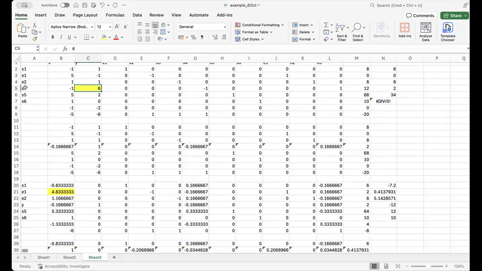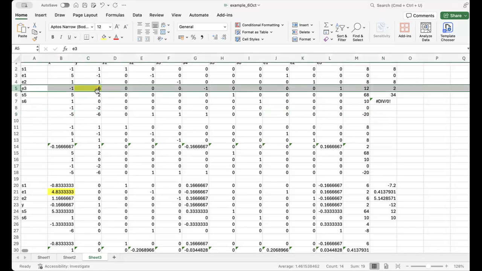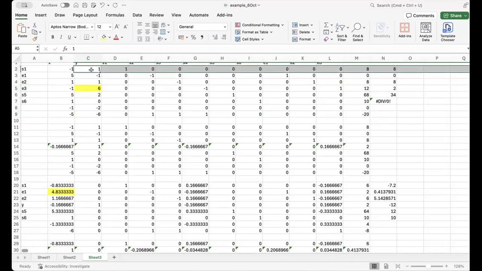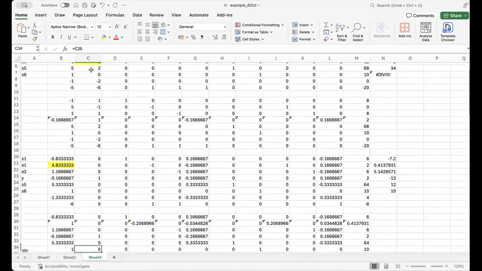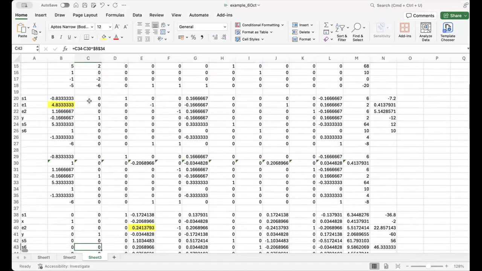Divide this row by 6, and change the other coefficients in the same column so they must be 0. This must be 1, right? Then we obtain this.